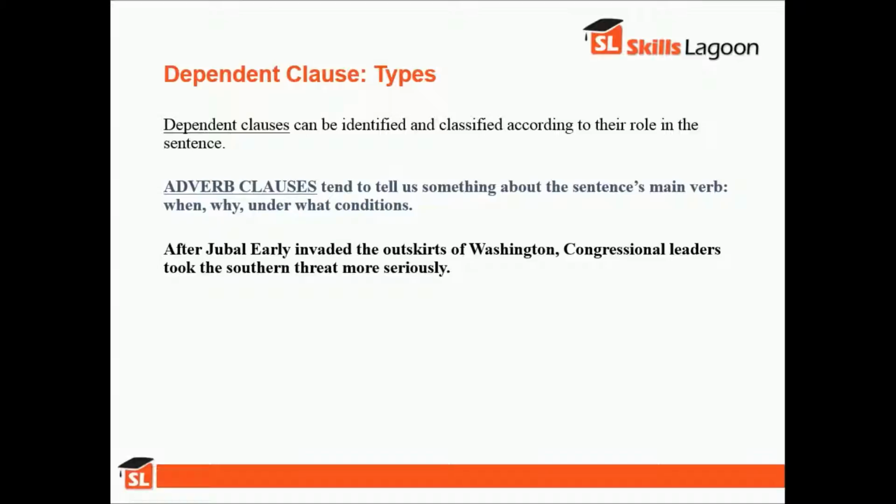So after is a preposition, and Jubal Early invaded the outskirts of Washington. This is a dependent clause. Congressional leaders took the southern threat more seriously. So when did they take the southern threat more seriously? That is answered by the dependent clause after Jubal Early invaded the outskirts of Washington, and as a result it's acting as an adverb clause.